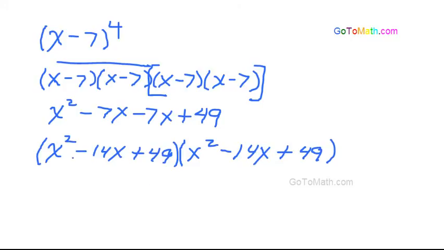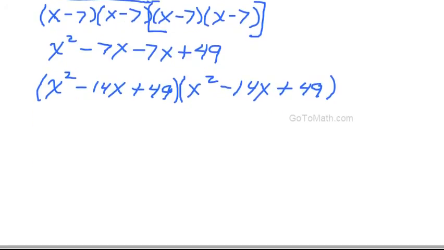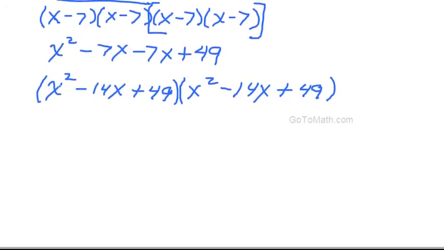This time now, we're going to have to multiply all this out. So that's the reason this is 10.1. Things are getting more complicated. Okay, so we have x squared times x squared. That's going to be x to the 4th power. And then x squared times minus 14x.